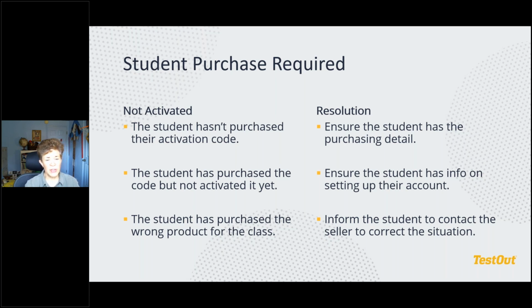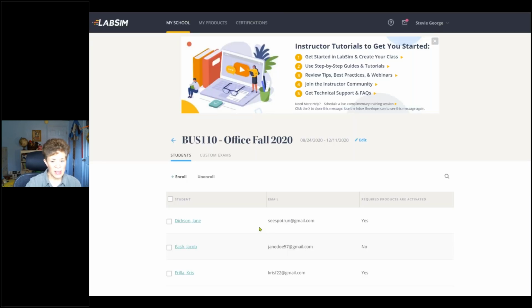Okay, the question is, what if the student enrolls in the wrong class? Well, great question, and let's look at that. Let me exit here, and let's say the reason maybe Jacob has a no by his name is he is actually enrolled in the wrong class. He's not supposed to be in this particular class. Now there's two ways this could be fixed.